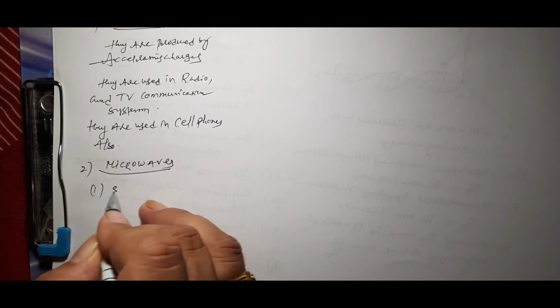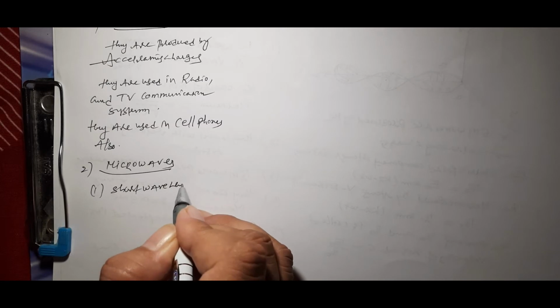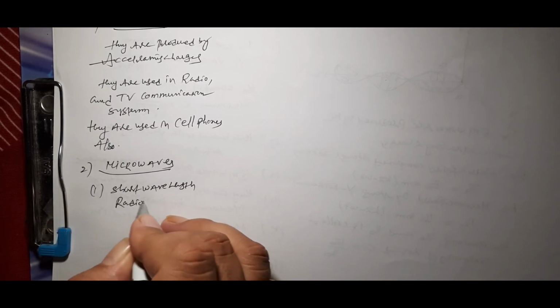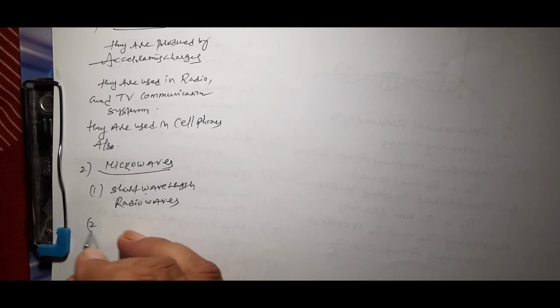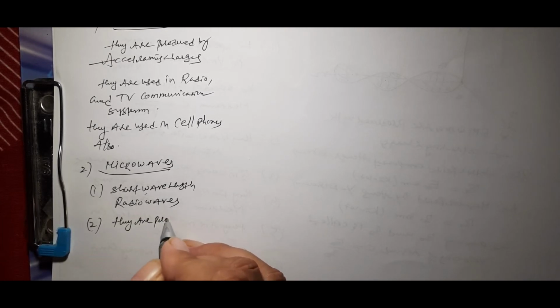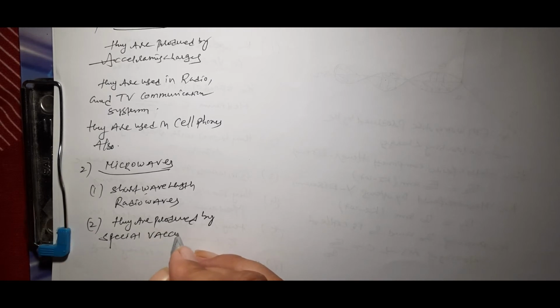These are short wavelength radio waves, and they are produced by special vacuum tubes called klystrons, magnetrons, and gun diodes. These are the sources for microwaves.